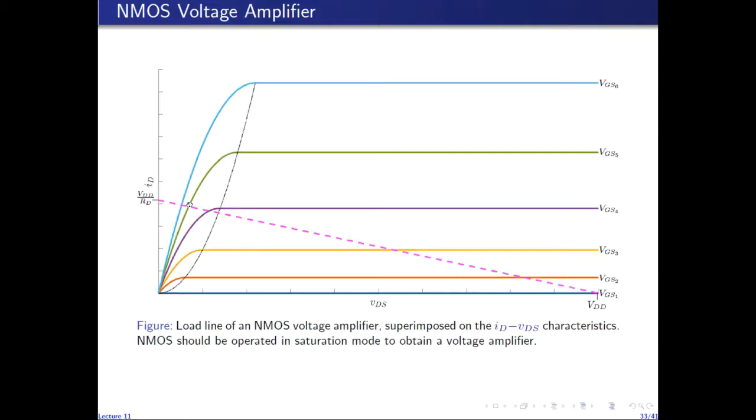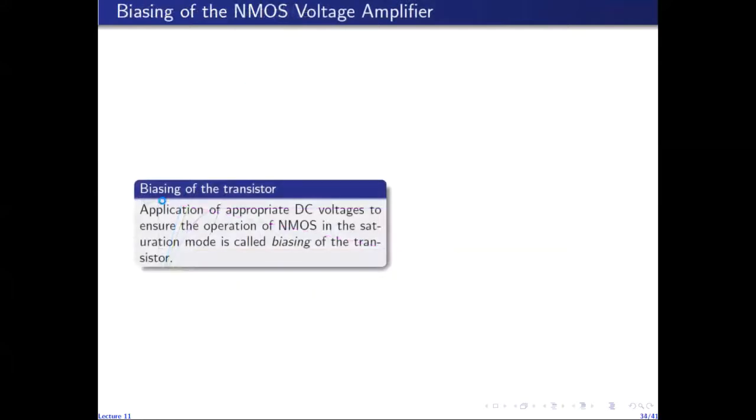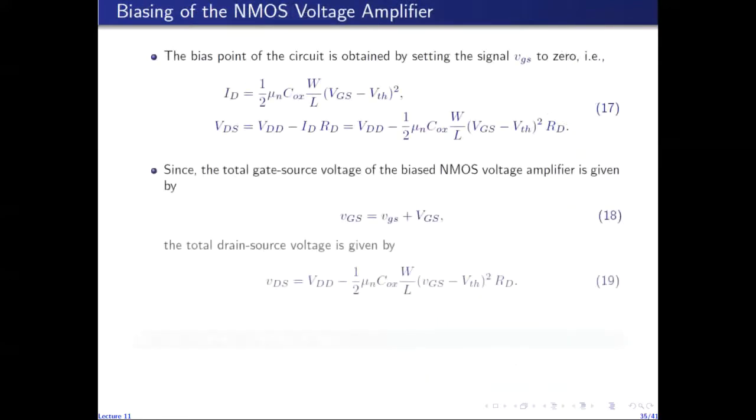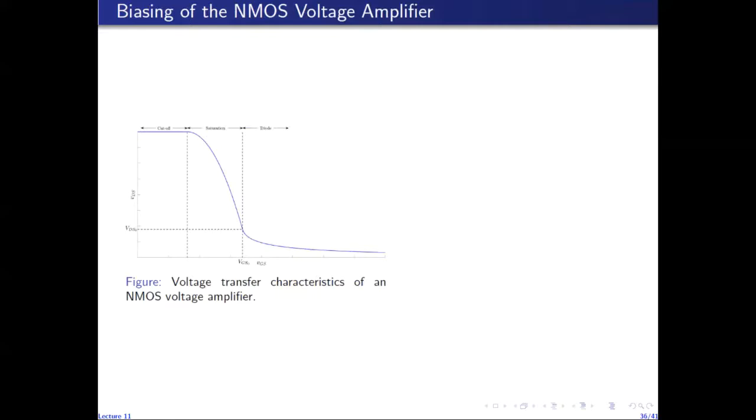In fact, the increase in current becomes progressively smaller as VGS is increased. Hence, the output drain to source voltage will decrease, but the decrease will be very small.